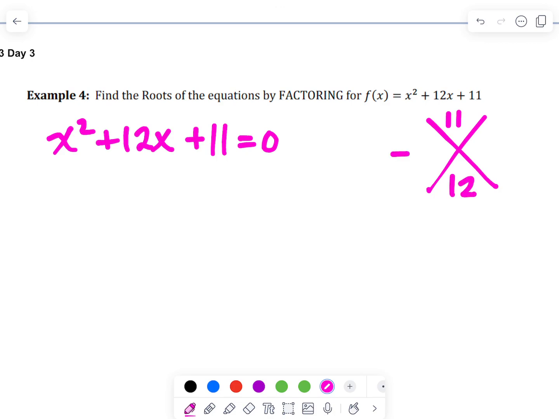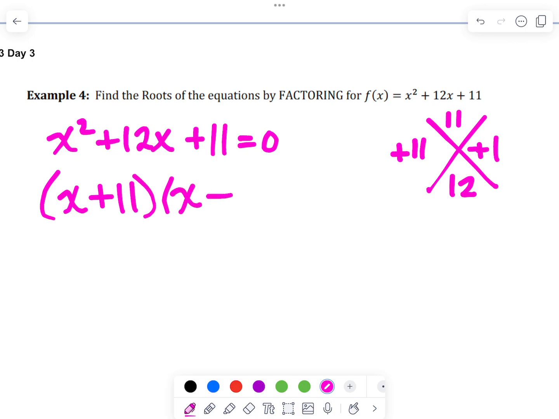Sides of the diamond are going to be positive 11 and positive 1. 11 times 1 is 11. When I add them together, I get 12. So now in factored form, I get 2 binomials, x plus 11, x plus 1. Remember, the sides of the diamond make up your pieces to your binomial.